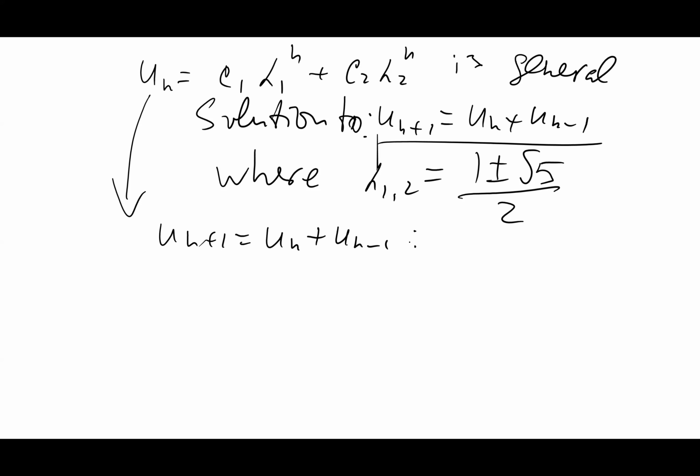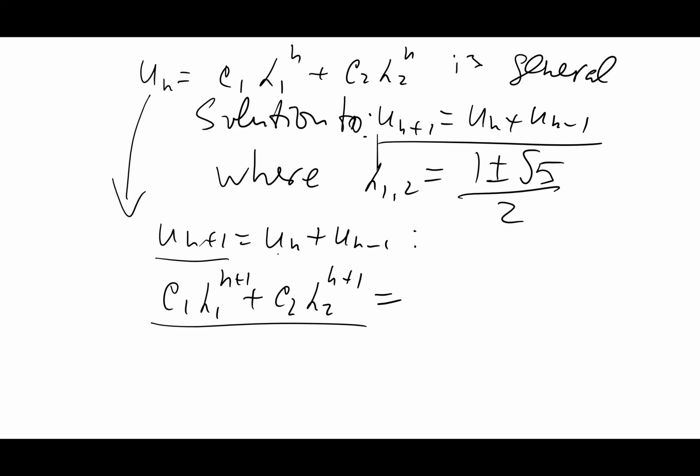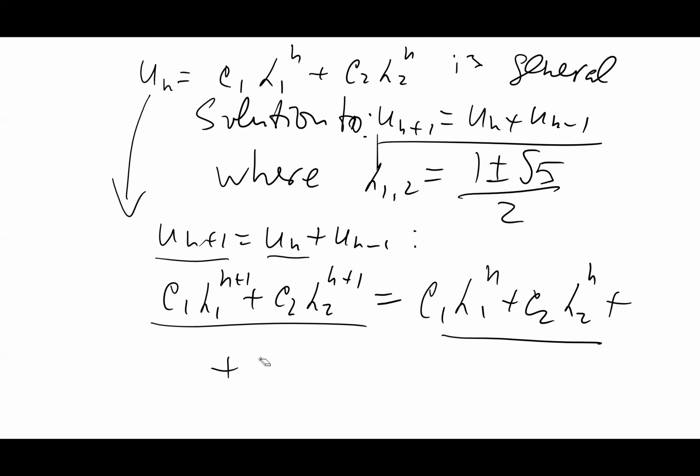And this means that un plus 1 will be c1 lambda 1 to the power of n plus 1 plus c2 lambda 2 to the power of n plus 1. And this should be equal to un, which will be c1 lambda 1 to the power of n plus c2 lambda 2 to the power of n. And finally un minus 1 we replace by c1 lambda 1 to the power of n minus 1 plus c2 lambda 2 to the power of n minus 1.